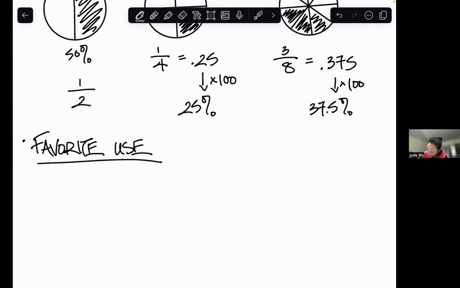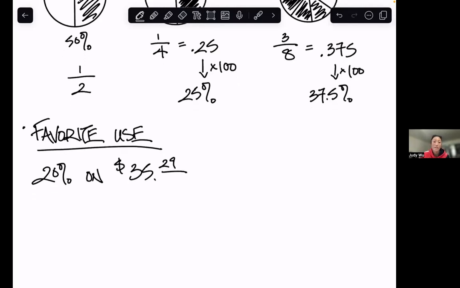Let's say you wanted to leave a 20% tip on a bill that was $35.29. If I wanted to use my calculator, I would take 35.29 and multiply it by 20%.